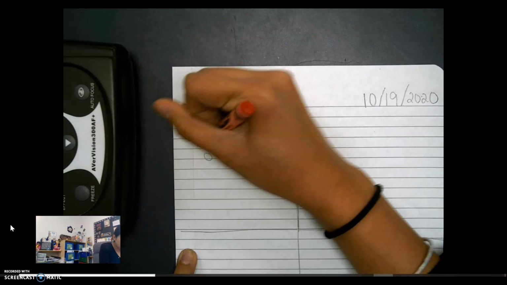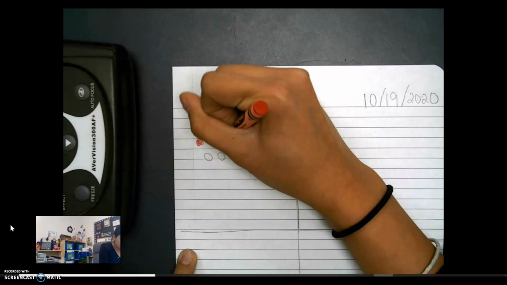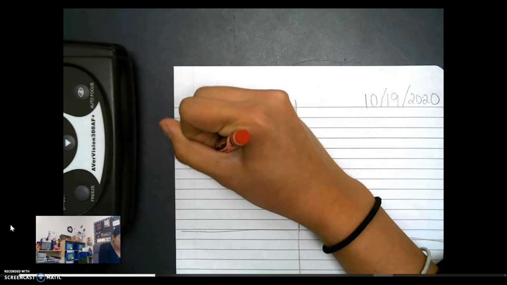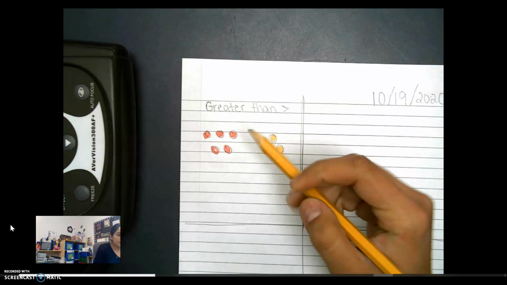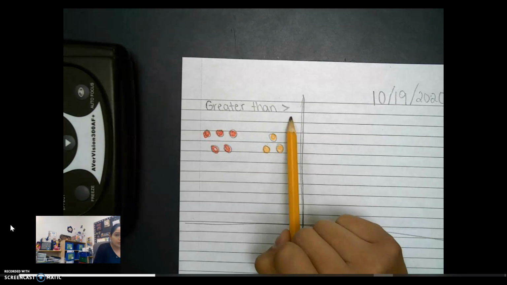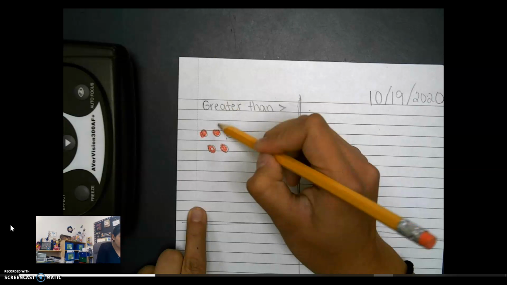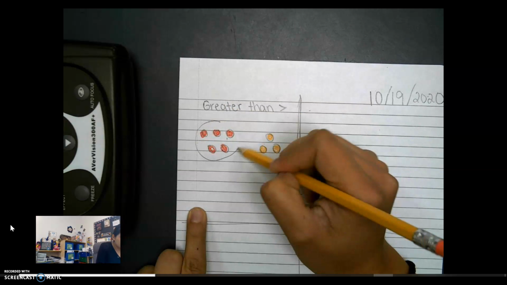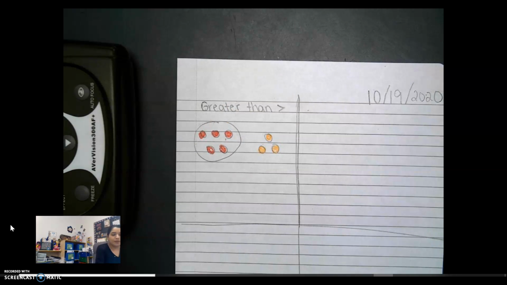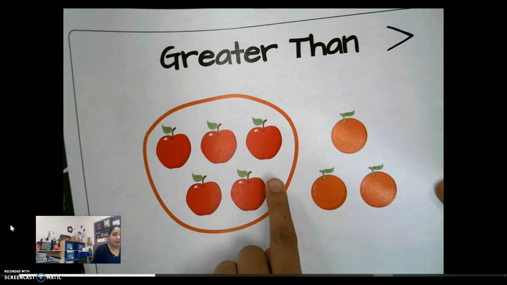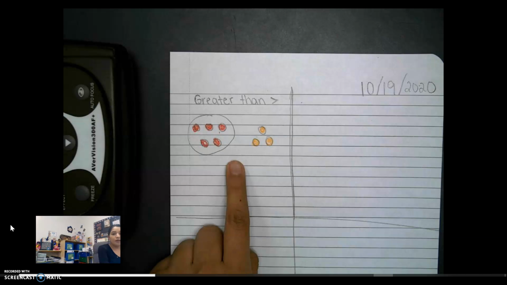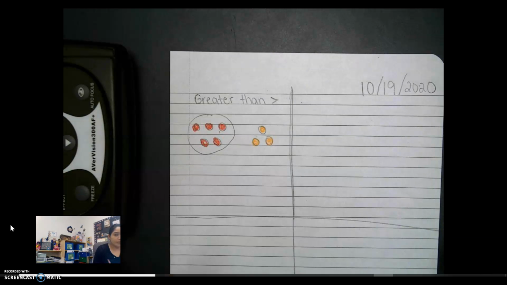I'm just coloring them so I can identify apples and oranges. Then, since we're talking about greater than, we have to circle the one with the most, which is the apples. So I drew my vocabulary word, greater than, in my first box.